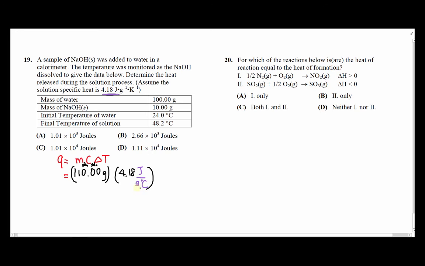Now the final temperature of the solution increased. And when you calculate this out, you're going to get 1.11 times 10 to the 4th joule. And that's our answer.